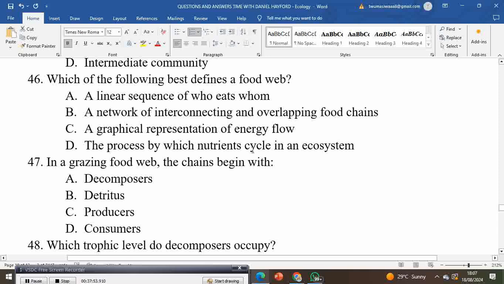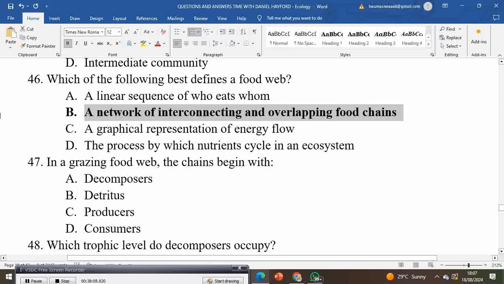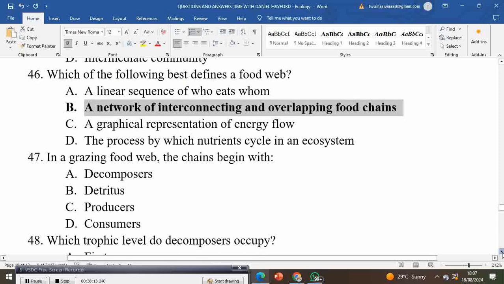D, the process by which nutrients cycle in an ecosystem. Our best option for question 46 should be B, a network of interconnecting and overlapping food chains.